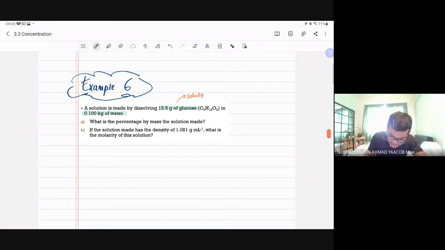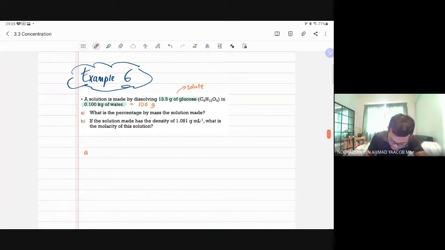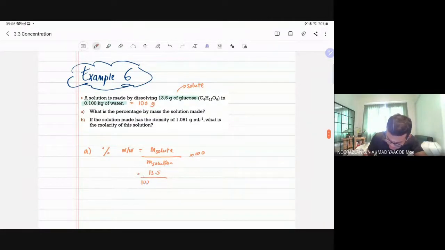So percentage by mass, this is equals to 100 grams of water. So percentage by mass sama dengan mass of solute, mass of solution darab 100 sama dengan 13.5 bahagi 100 tambah 13.5 darab 100.